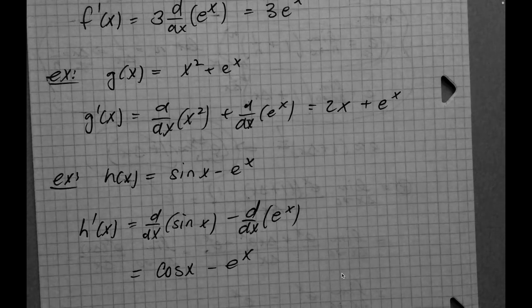So let's shift gears ever so slightly and talk about some applications. We've seen how the derivative can be used to determine the slope of a function, right? That's its big use case.